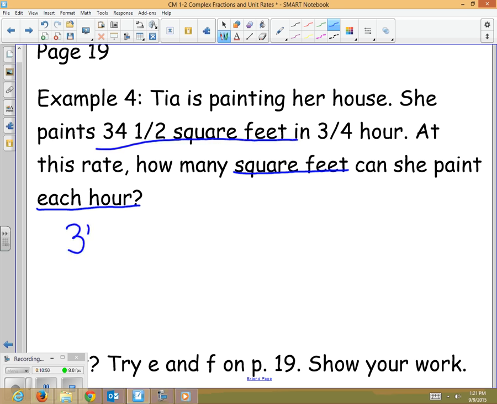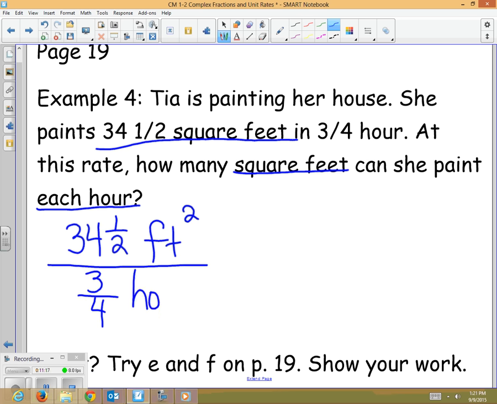So I'm going to write that as my numerator, square feet. Another way to write square feet is simply abbreviating it like this, feet squared. And it took her 3/4 of an hour.